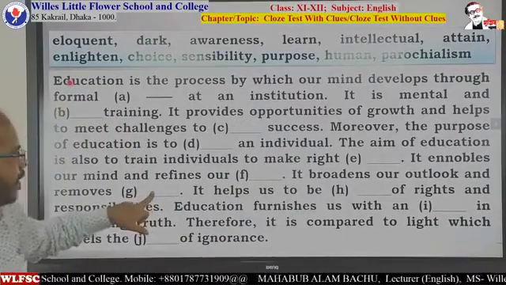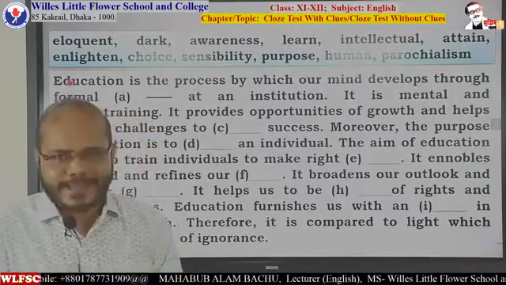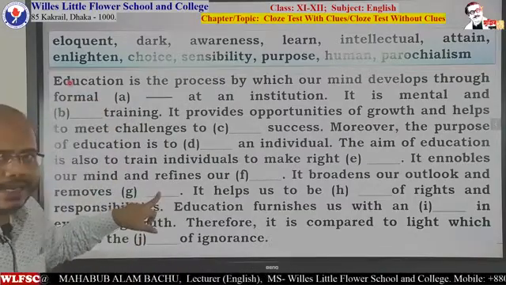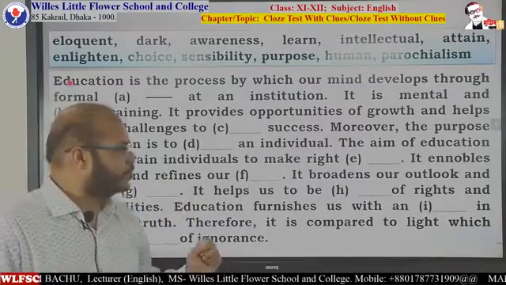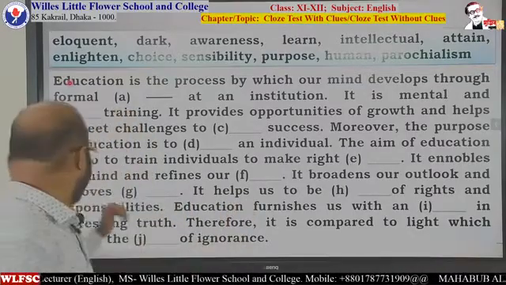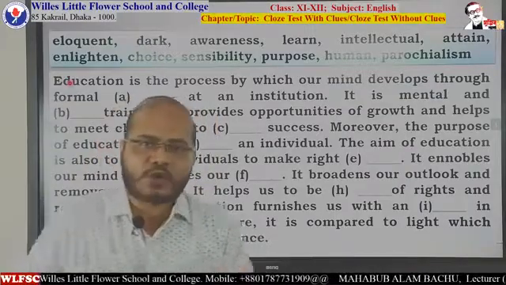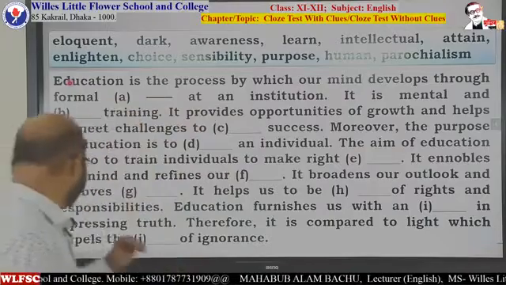That means it basically removes our mean-mindedness, okay, or narrow-mindedness. So parochialism, you have to put the noun form here. It helps us to be dash of rights and responsibilities. So we know that basically education makes us conscious, okay, makes us aware of rights and responsibilities.